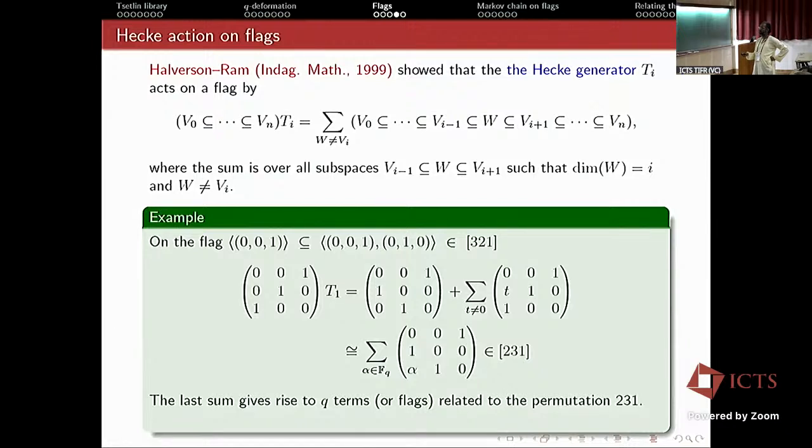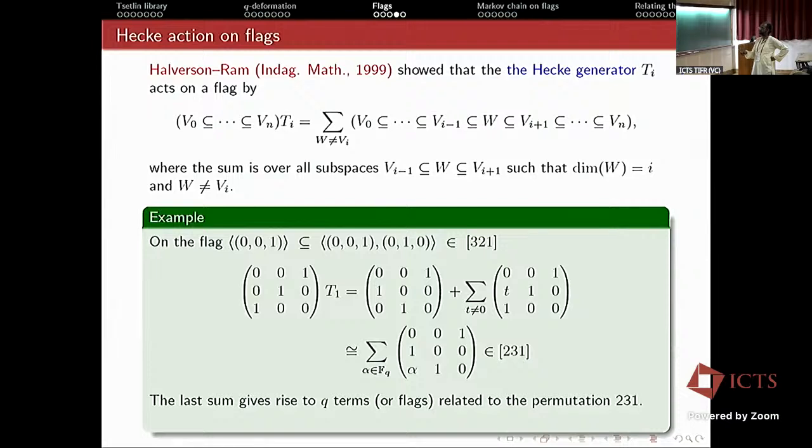Then when you act by T1, you will sum over everything which is contained in E2, E3, because by this definition, it has to contain the empty space, okay, that's fine, but it has to sit inside E2, E3.